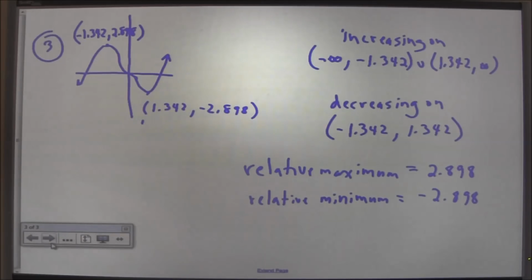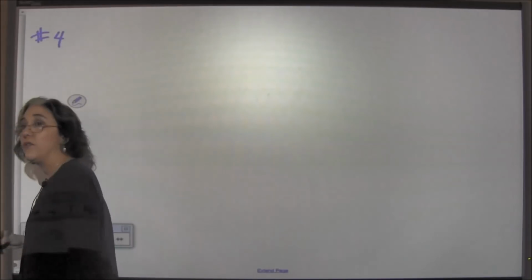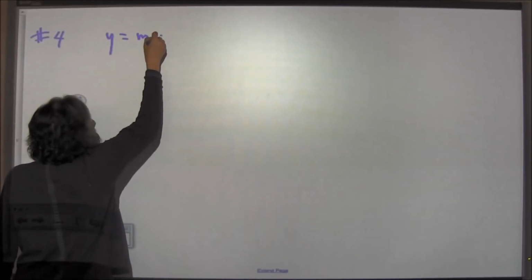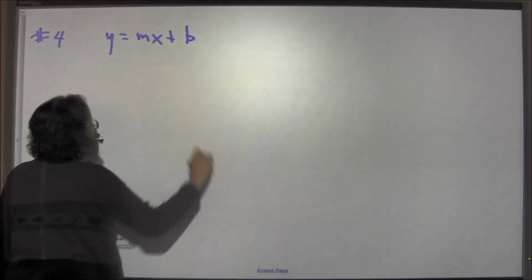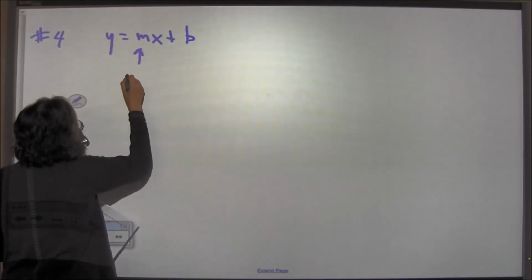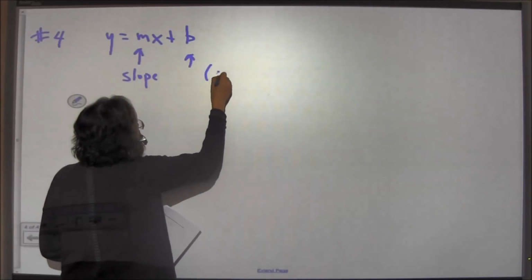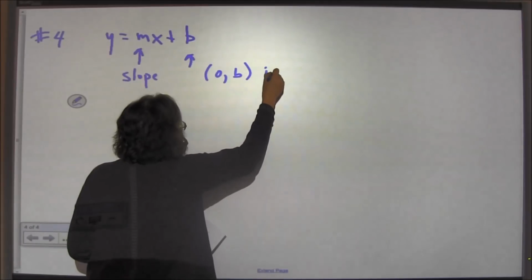Okay, for number 4, you have to remember some things about lines. So let's jot those down here. You were asked for these on the QEP also because you need to know them. Remember, you've got y equals mx plus b. That's the slope-intercept form because m is the slope and b is the y-intercept.